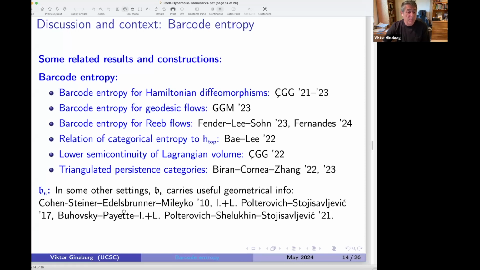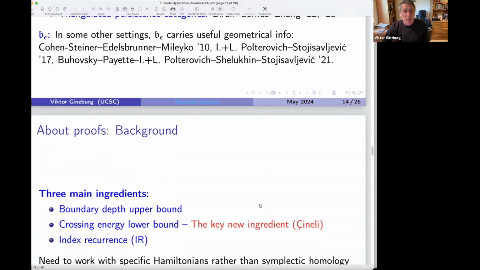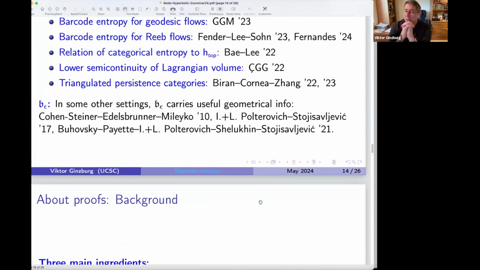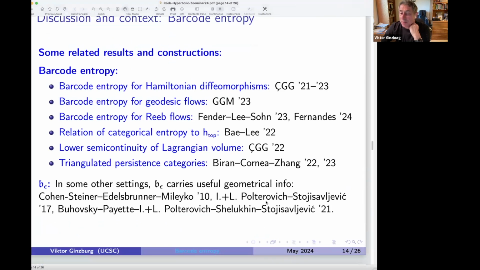Nonetheless, it's been studied by Cohen-Steiner, Edelsbrunner, Morozov, Polterovich, and other people, let's put it this way. So are there any questions about the context? Because our next subject is proofs, and this is a separate story.